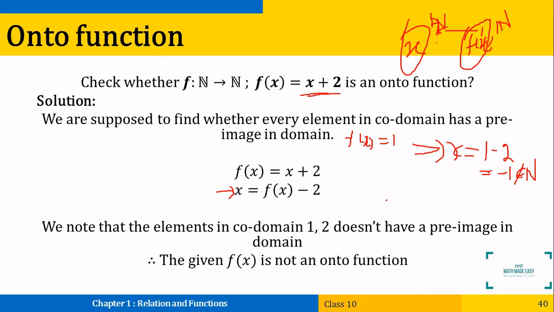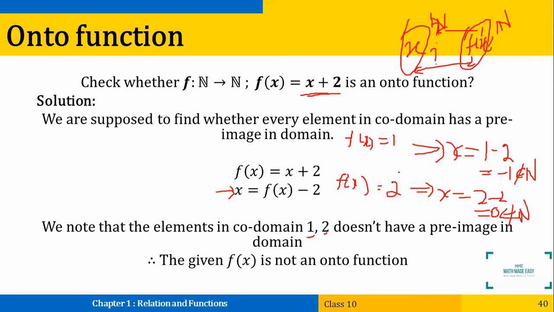Likewise, when f of x equals 2, I have x to be 2 minus 2, which is 0, which does not belong to natural numbers, and therefore the given function is not at all an onto function, right? That is, the elements 1 and 2 in the codomain do not have any pre-image in the domain. So given f of x is not at all an onto function, right?